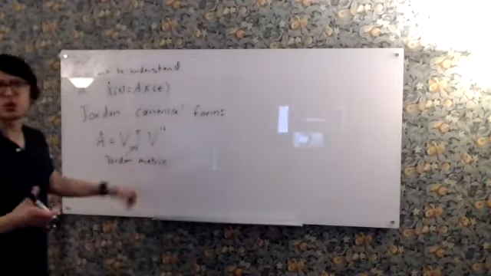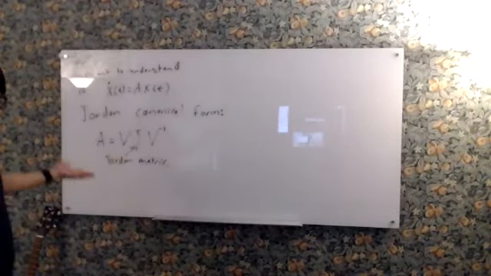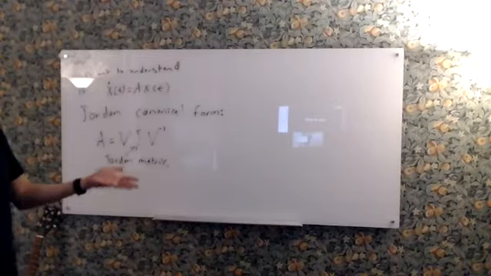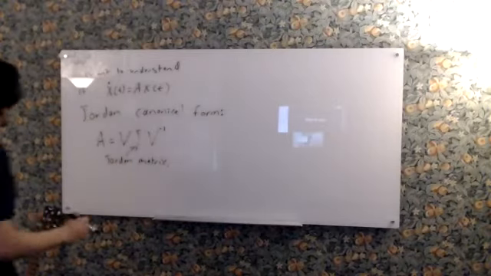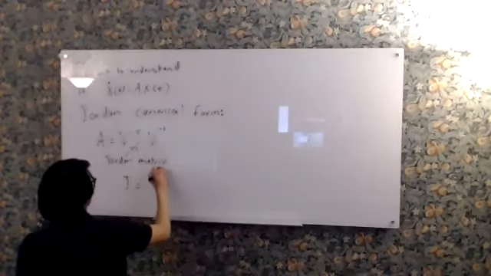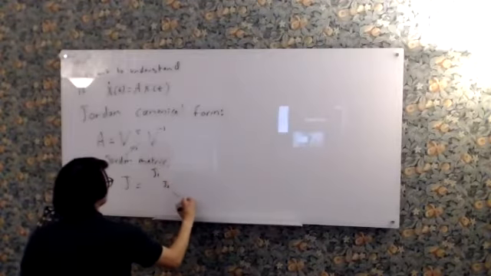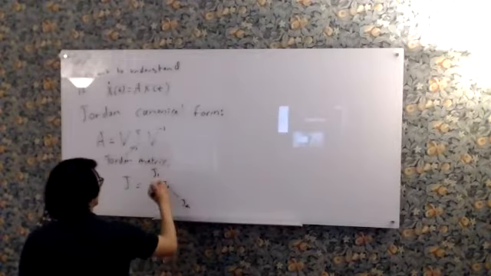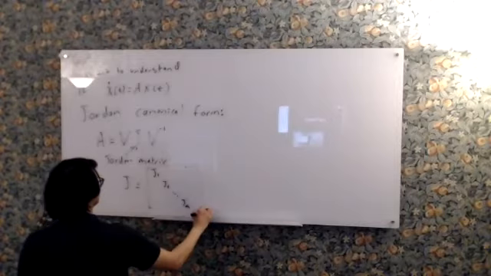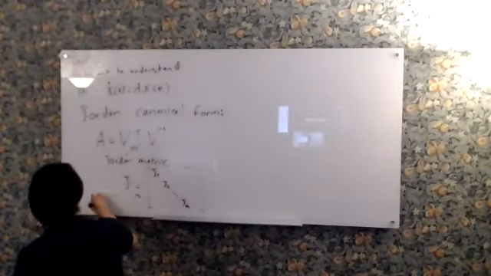This Jordan matrix is named after the basketball player Michael Jordan. He was doing linear algebra in his spare time. This thing looks like this, where J is equal to J1, J2, up to Jm. So this is block diagonal.